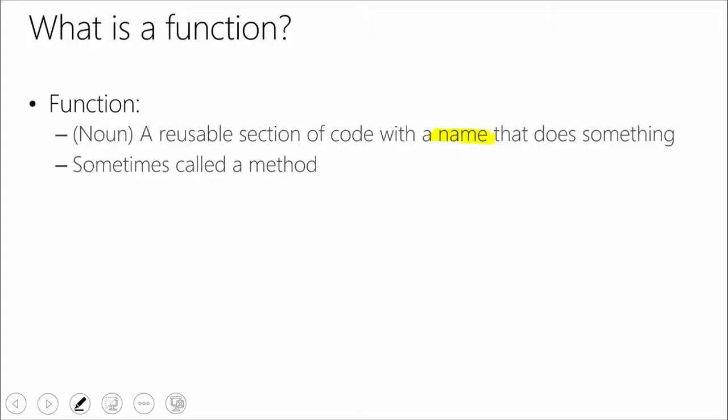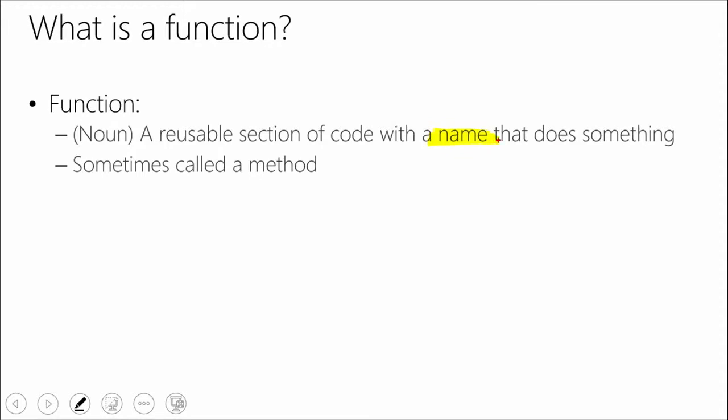Now, the most important point to me, or I should say the point that's often overlooked when it comes to functions, is this part right here. The ability to give it a name.